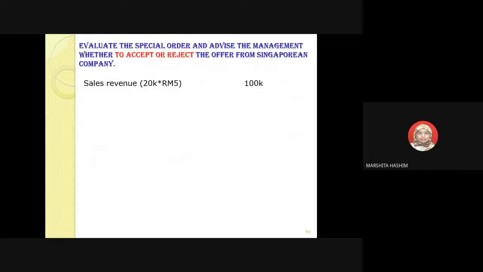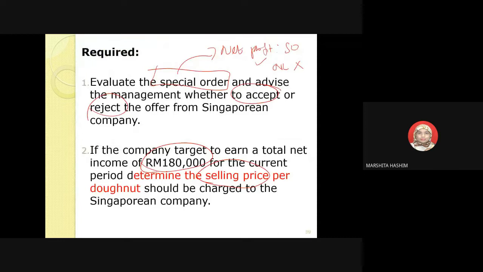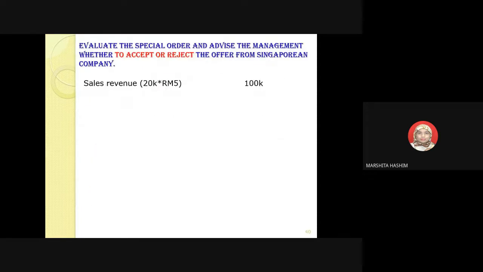Now we answer the first requirement, evaluate special order. Your sales revenue from special order, remember they order 20,000 units, you multiply by 5 ringgit. So this is sales revenue from special order. Less variable cost just now. One unit variable cost 4 ringgit 40 cents multiply by 20,000. So sales revenue minus variable cost, contribution from special order is 12,000 ringgit.